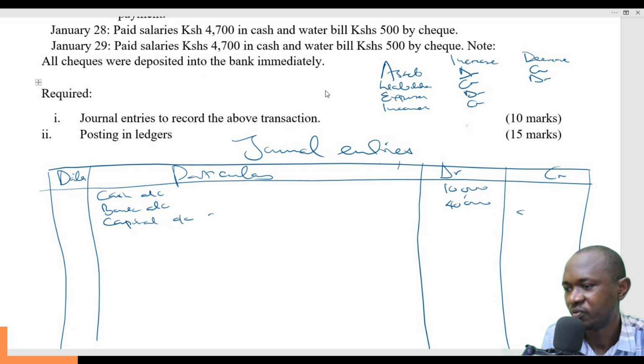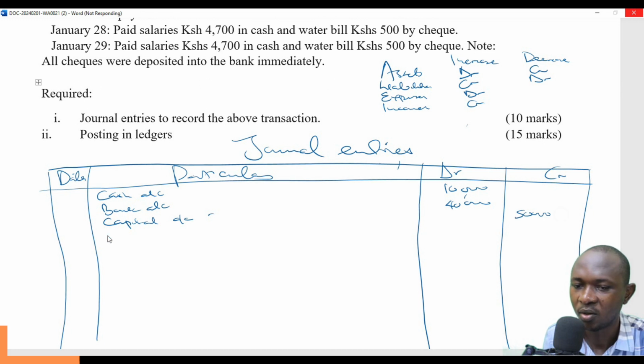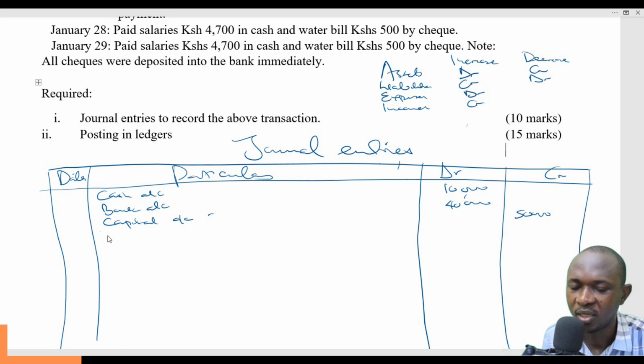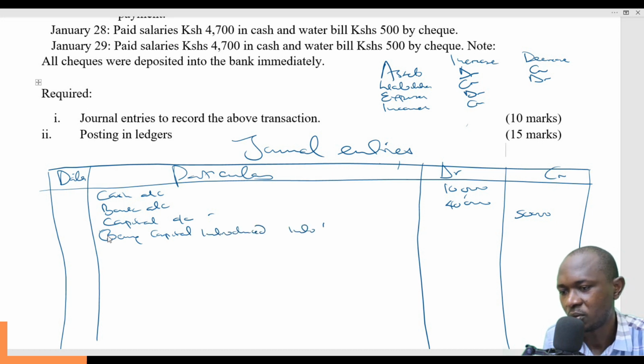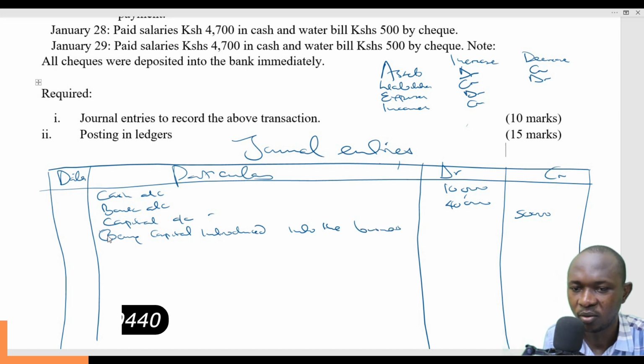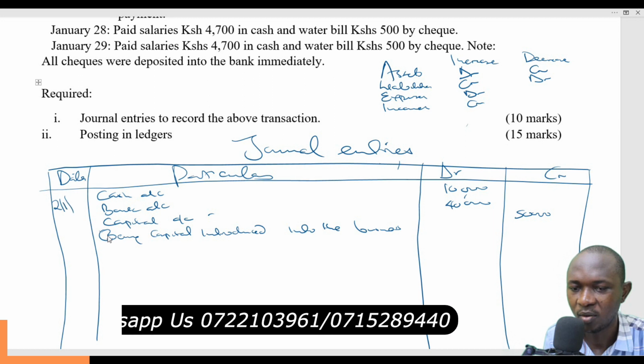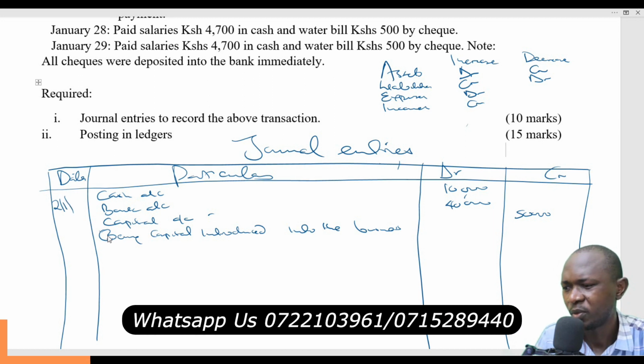That's how you record. Then you simply come up with a narration: being capital introduced into the business. You can put the date as 2nd January 2022.